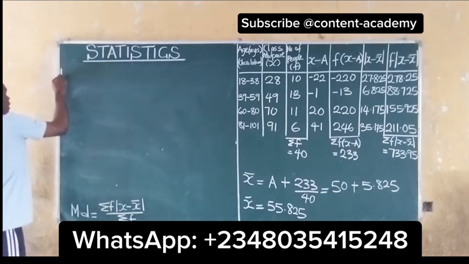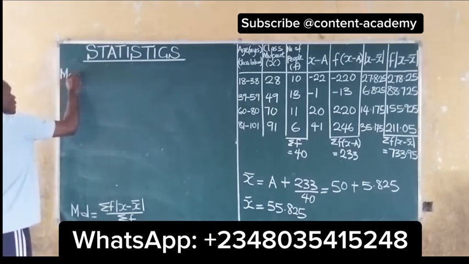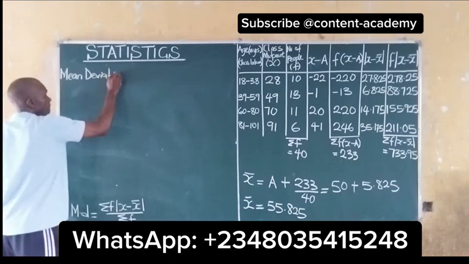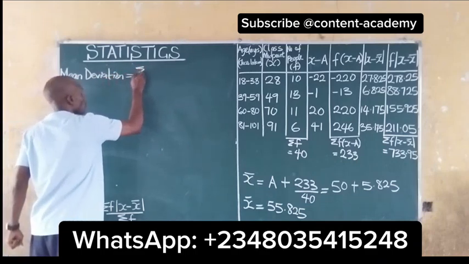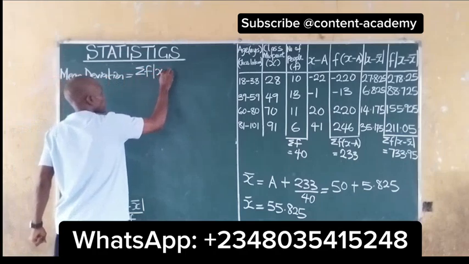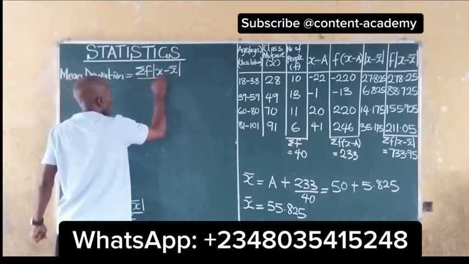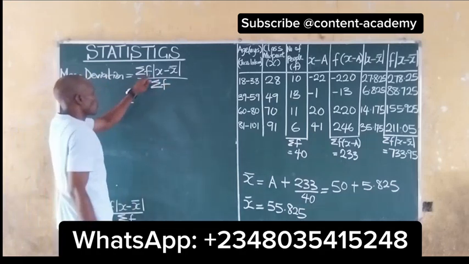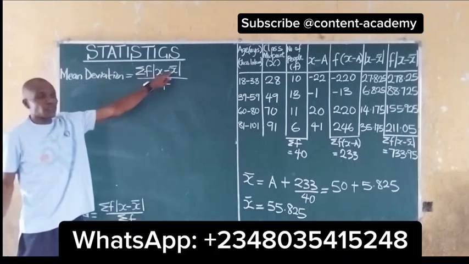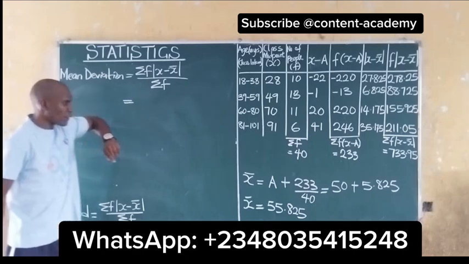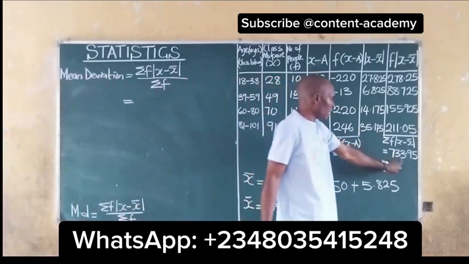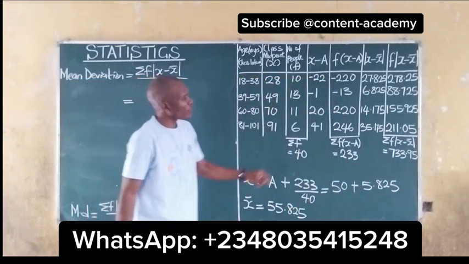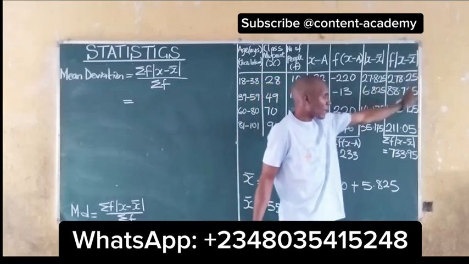Now we are calculating our mean deviation. The mean deviation is equal to the summation of f times x minus x bar all over the summation of f. The summation of f times x minus x bar is 733.95, because that is what we got from calculating this.